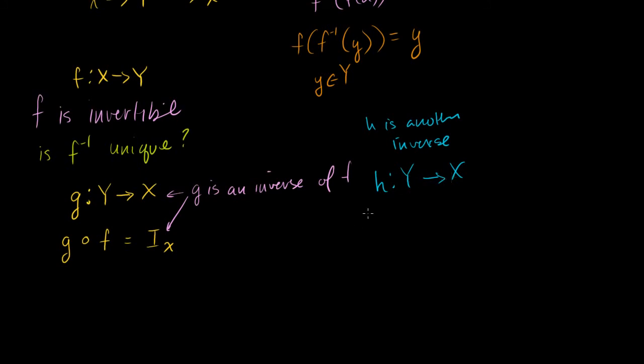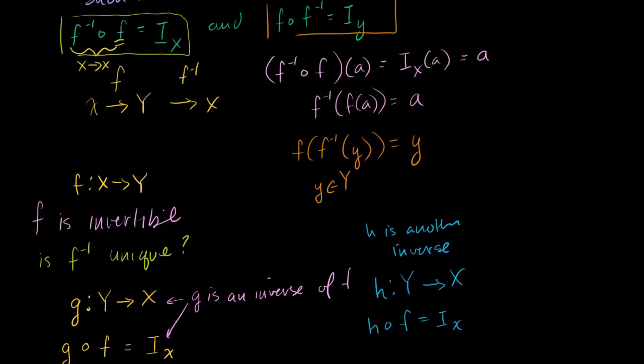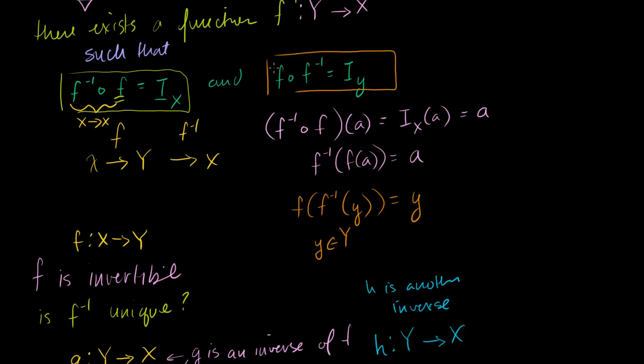And if I take the composition of h with f, I have to get the identity function on the set x. Now, that wasn't just part of the definition. It implies even more than that. If something is an inverse, it has to satisfy both of these. The composition of the inverse with the function has to become the identity function on x, and the composition of the function with the inverse has to be the identity function on y.